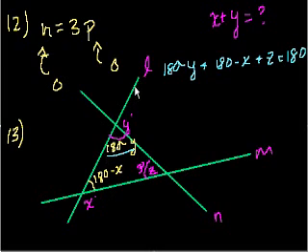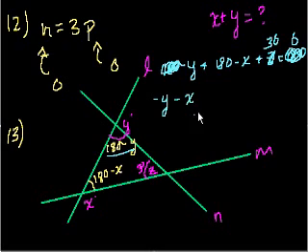So let's try our best to simplify this. We can immediately get rid of one of the 180s on that side, and that becomes 0. Z is 30, right? So let's simplify it. We get minus y minus x, and then 180 plus 30, which is 210, is equal to 0.